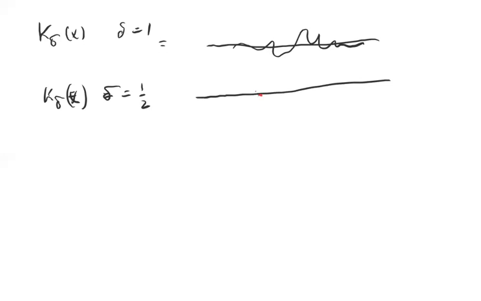So this will be closer together, right? And the smaller delta gets, the more together is the graph, right?